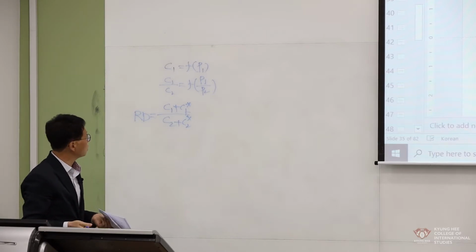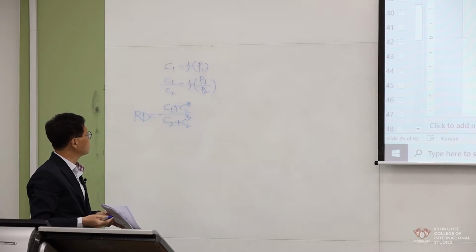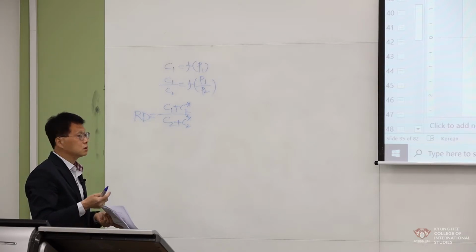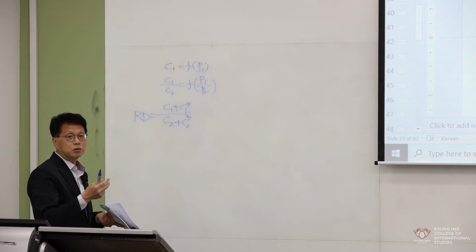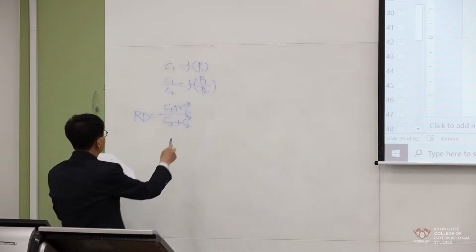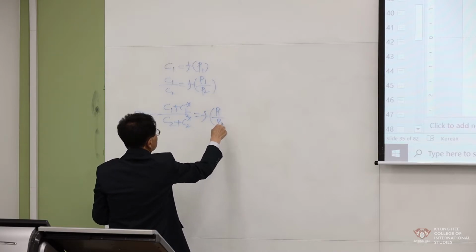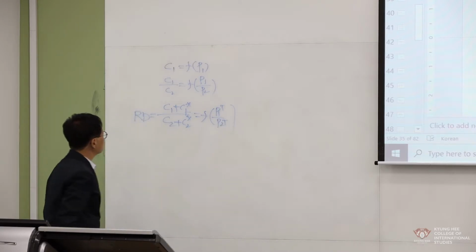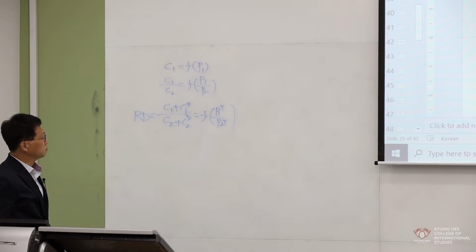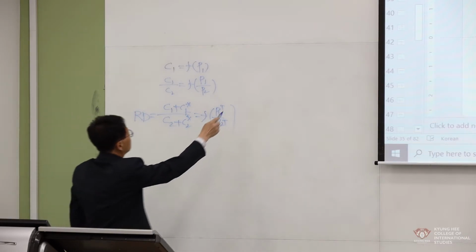And we also know that after free trade, the relative price of the two goods is equal in both countries, right? Then relative demand is just a function of P1 over P2 after trade like this. That is relative demand. And the law of demand says, so now think about this one.